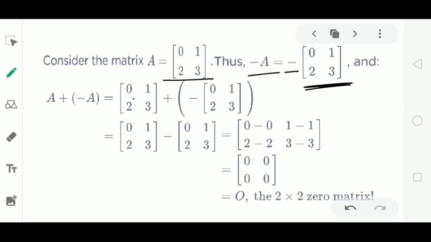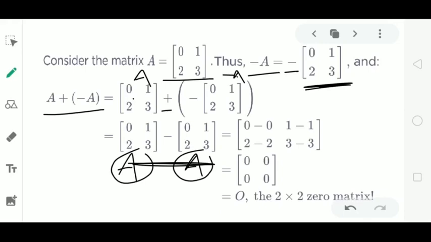Or you can also directly take sum of A and minus A. A plus minus A means A plus matrix minus A. Plus into minus is minus. So now here it is nothing but difference of two matrices, that is subtraction of matrix A from matrix A itself. How can we subtract? We already know that first element of A minus first element of second matrix. 0 minus 0 is 0.